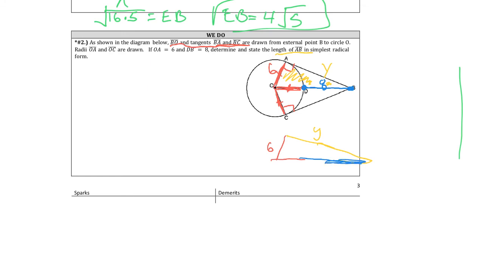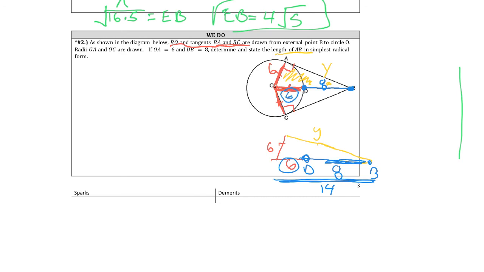But if 6 is the radius, O to D is the same length of the radius, so that's 6. Then D to B is 8. So the whole side of this triangle is 14. It's not 6 or 8, it's 14. You had to fill in that little piece of radius here, which is 6.